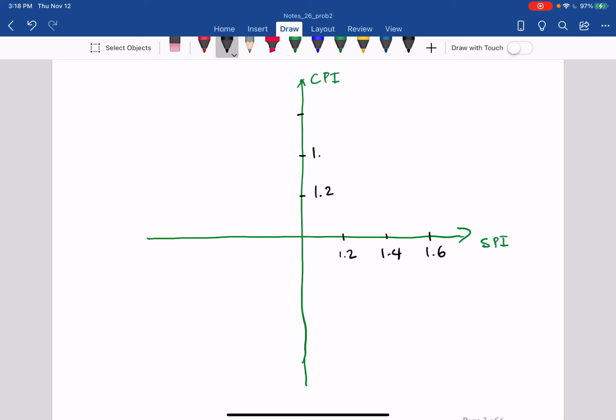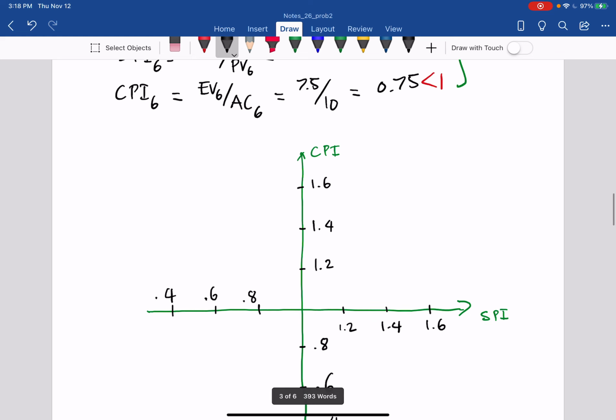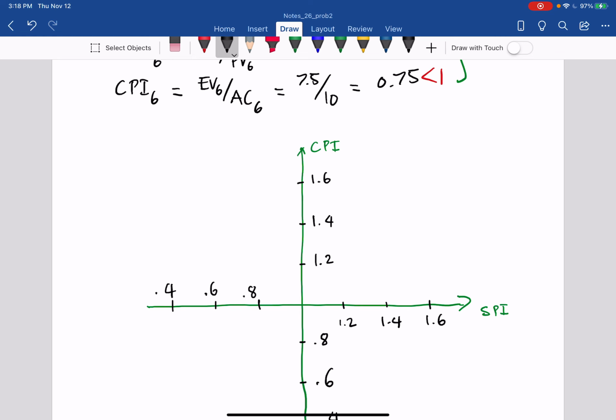Keep that in mind. And here 0.8, 0.6, 0.4. Similarly, 0.8, 0.6, and 0.4.